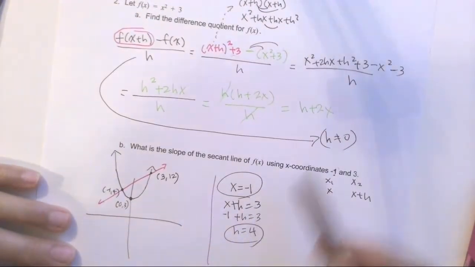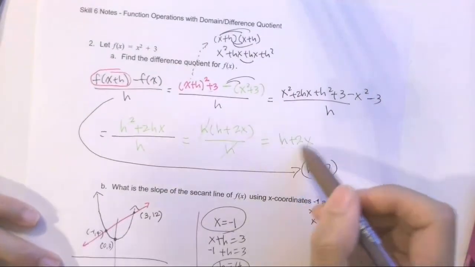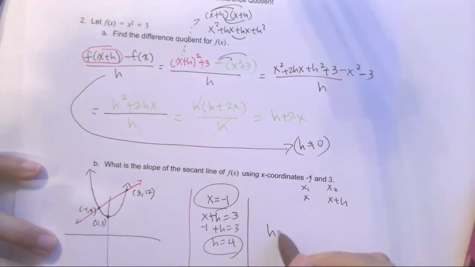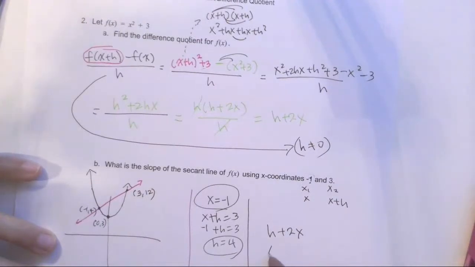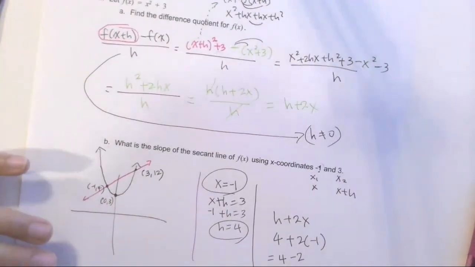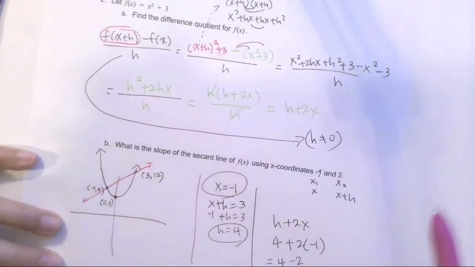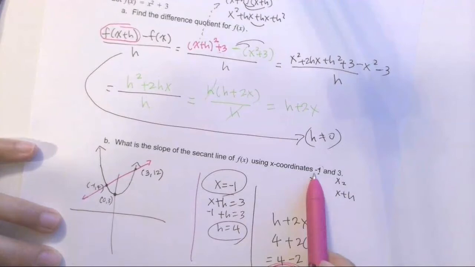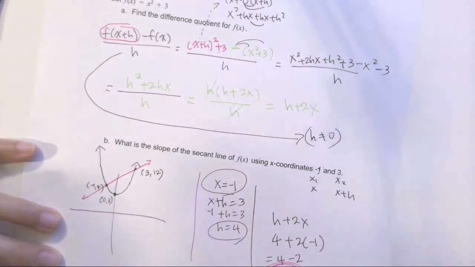Now we're going to plug it into the answer we got on letter A, the difference quotient. We got h plus 2x. I get 4 minus 2, equal to 2. So according to that formula, the secant slope between -1 and 3 is 2.